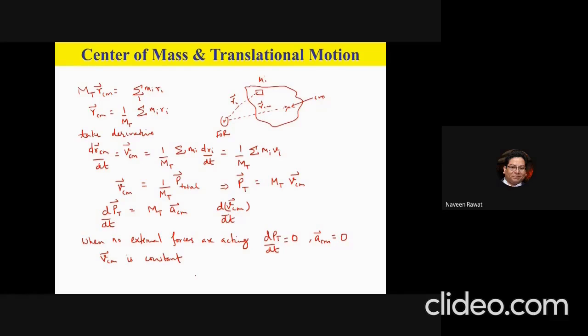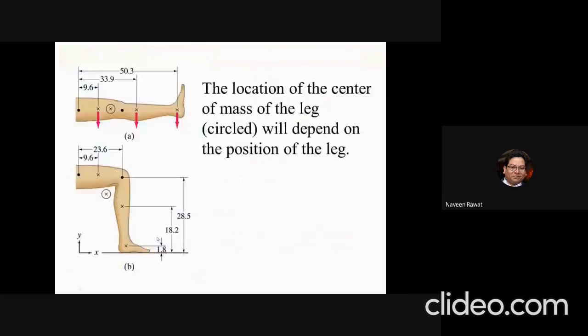The whole motion of the object is very complicated, but when you look at the motion of this point of center of mass, what we are getting is the velocity is constant, and that is what is happening here.